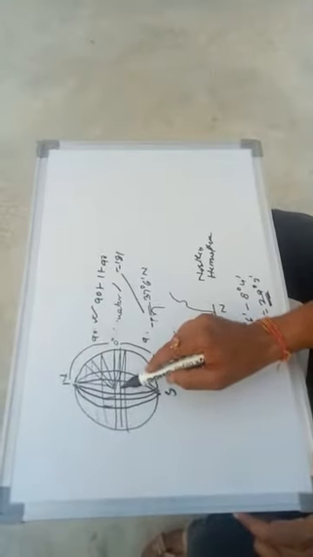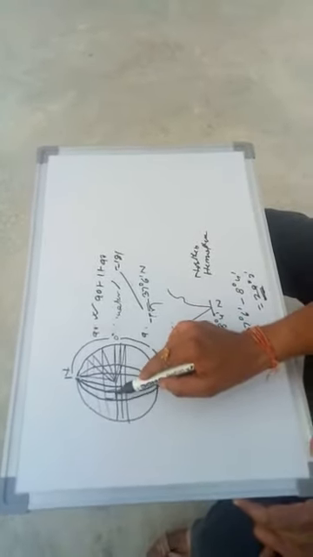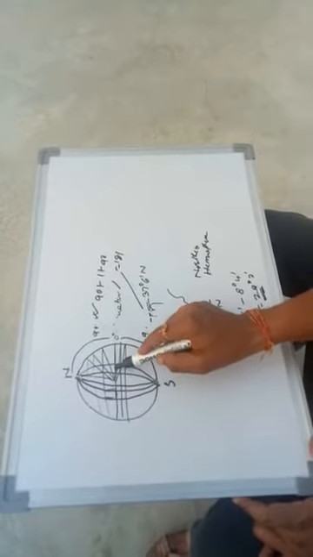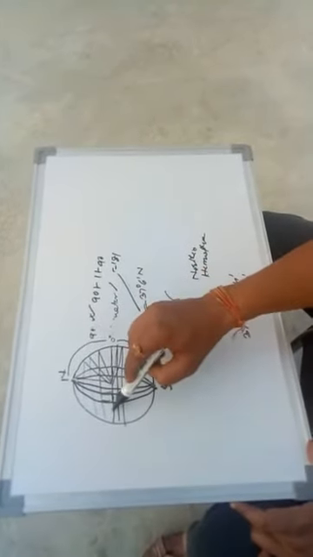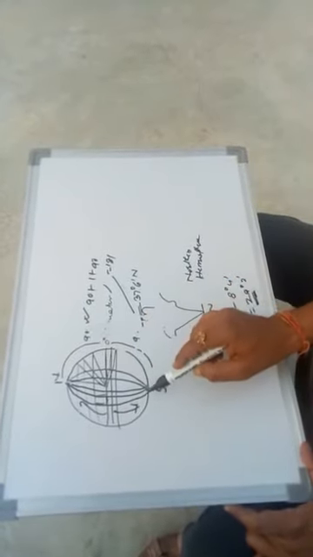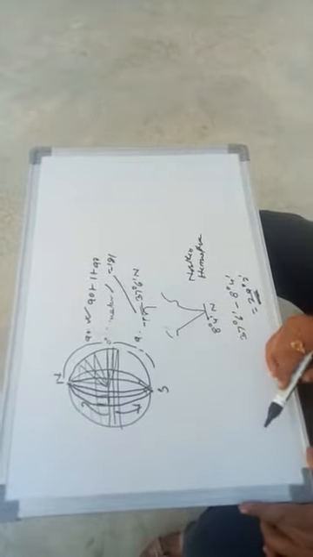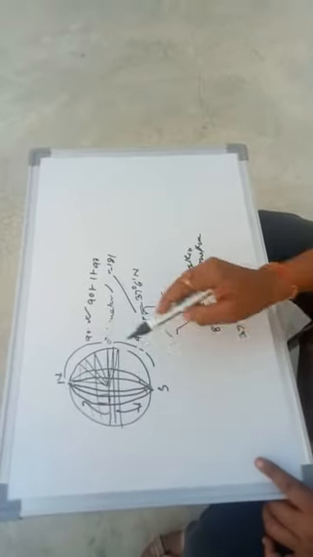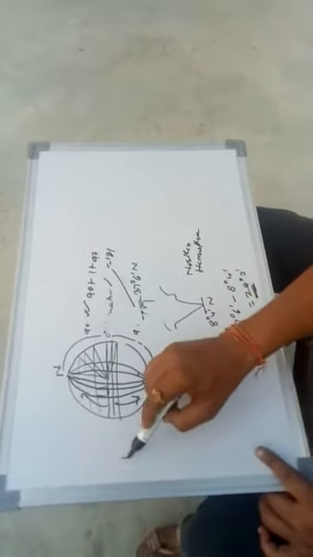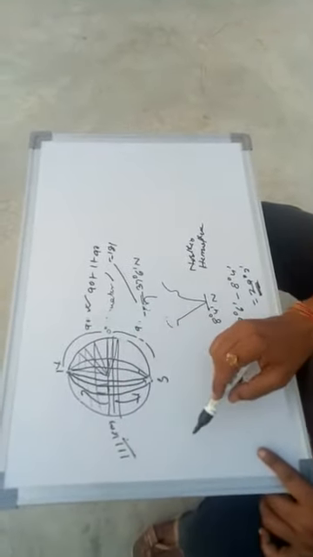The distance between these lines is maximum at the equator. As we move from the equator to the pole, in either the northern or the southern hemisphere, the distance between two longitudes decreases. At the equator, it is 111 kilometers.